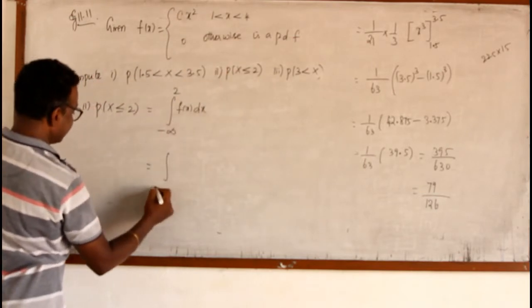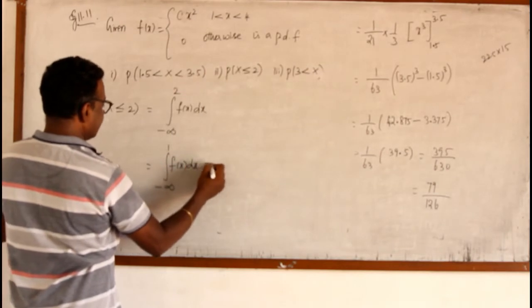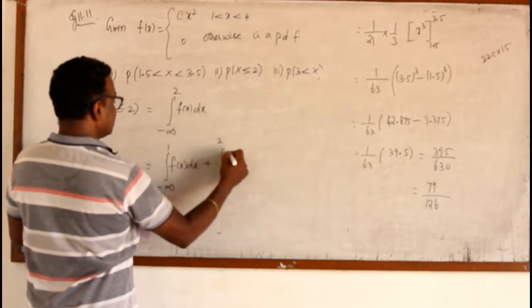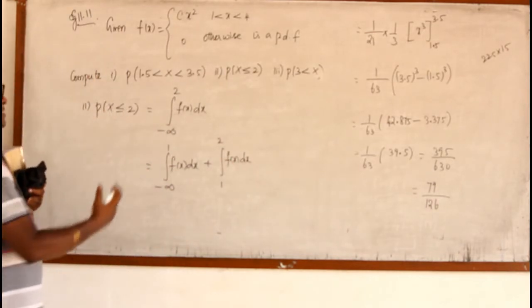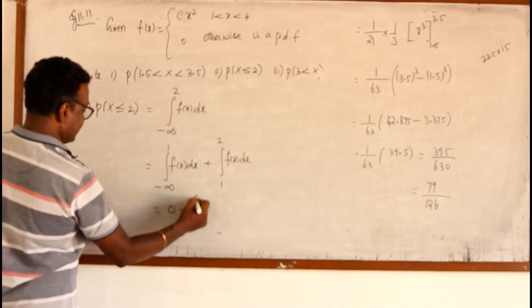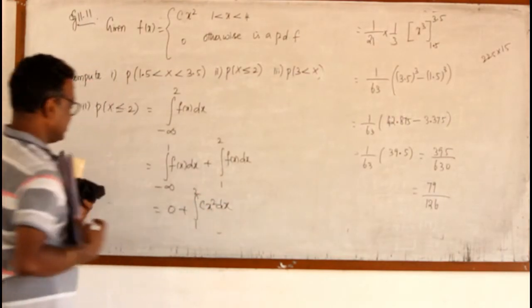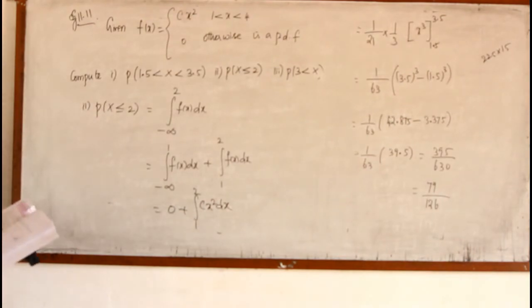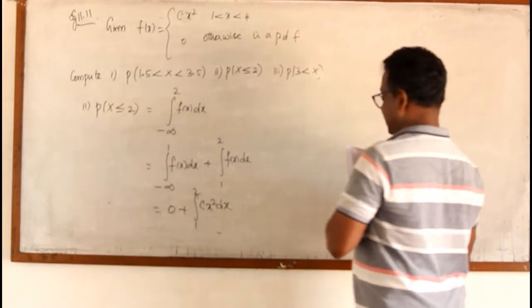So shall I write it like this: minus infinity to 1 f of x dx plus 1 to 2 f of x dx. Now the function exists only from 1, so this becomes 0. From 1 to 2, f of x is cx square dx. Now it's enough to integrate only that part.